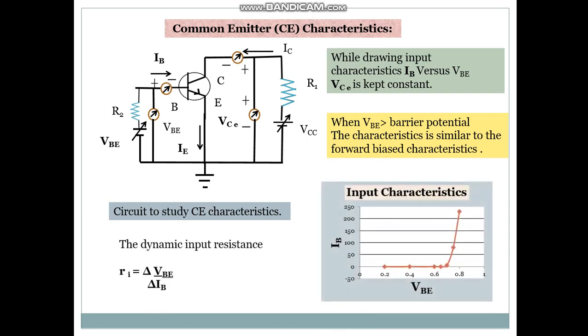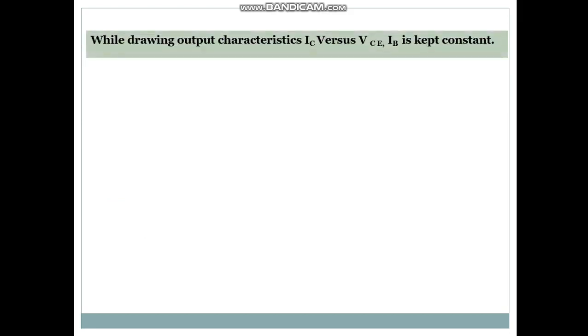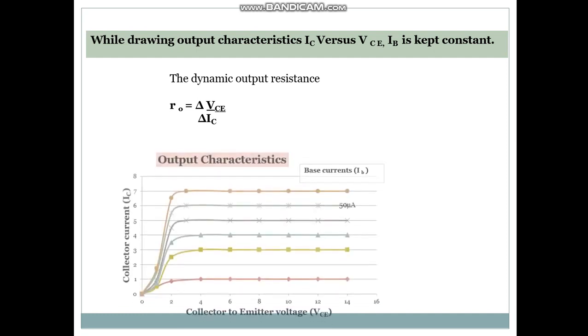The dynamic input resistance Ri is ΔVBE/ΔIB. While drawing the output characteristic IC versus VCE, IB is kept constant. The dynamic output resistance Ro is equal to ΔVCE/ΔIC.